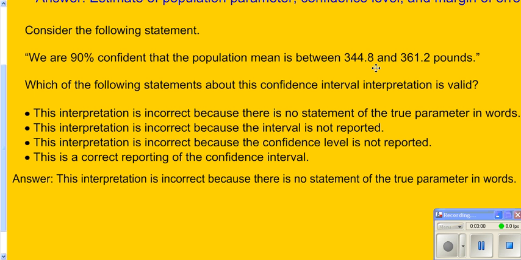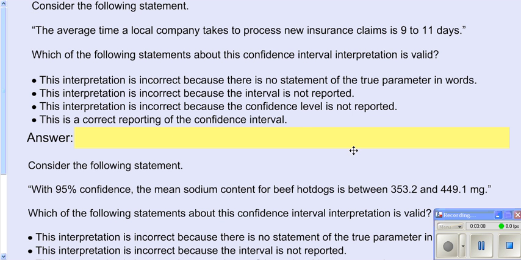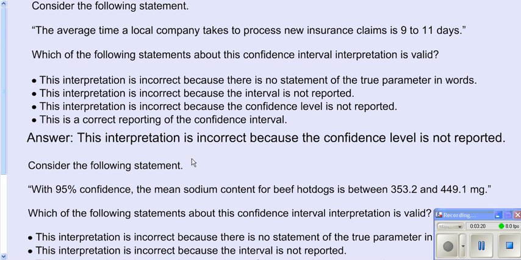Are we talking about weight of people, weight of pigs, or weight of giant pumpkins? We don't know. Here, the average time for a local company for new insurance claims is 9.7 days. Well, this one is bad because there's no confidence level given. Are we 90% confident, 95% confident, or what?